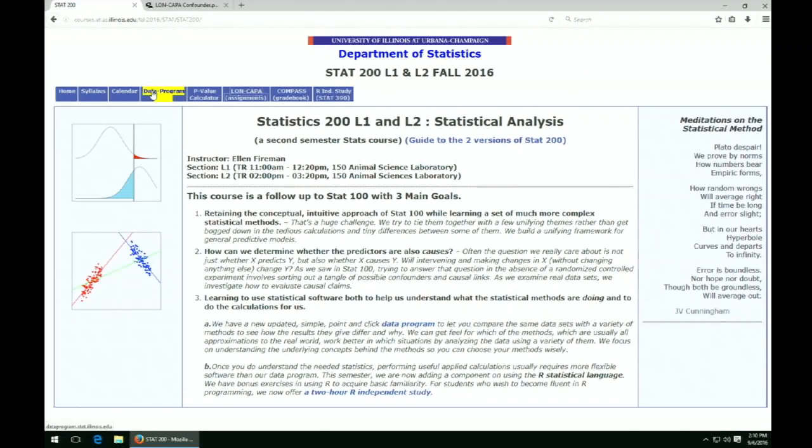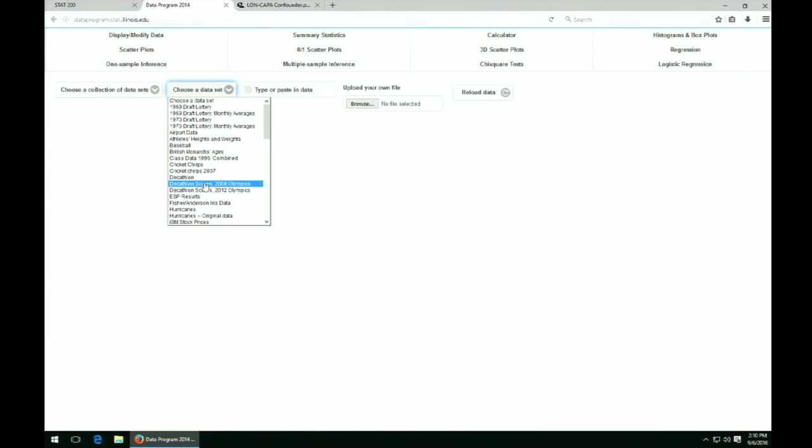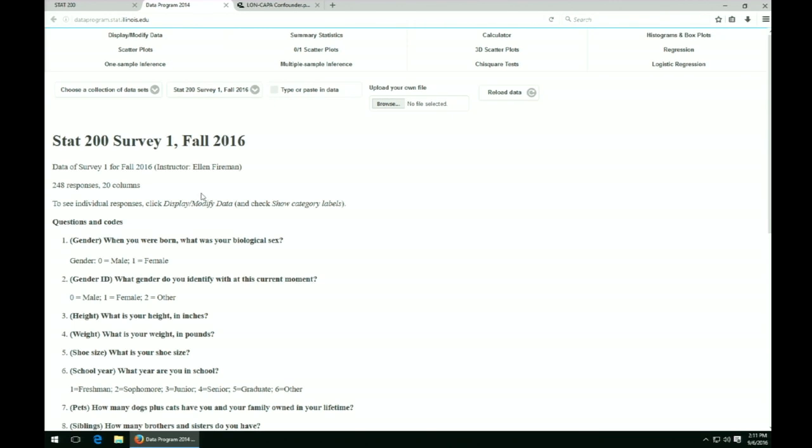So in our own bonus survey, we go to the data program. We have two of them now. Stat 200, here's survey 1, and you can look at survey 2 results as well. We are going to be exploring this with our bonus problem that's coming up real soon, and we're going to look at this one now.